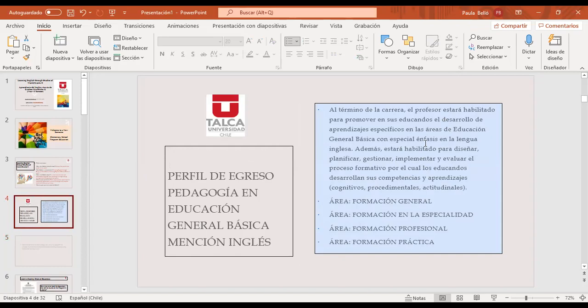And Phoebe is saying something important about standards. We will probably be checking the new standards and analyzing them by midterm, since we still have the old standards, but they will be presented this week by the Ministry of Education. El Mineduc está presentando los nuevos estándares para la educación básica.